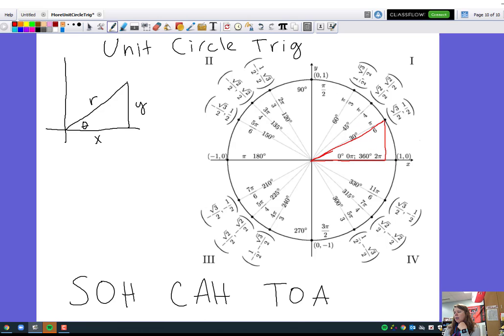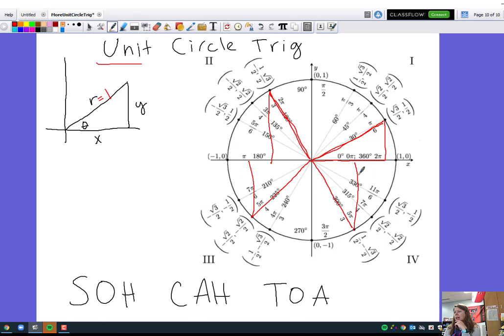No matter where I draw my triangle, the hypotenuse is really the radius, and that's why I've labeled this as R. It doesn't matter which triangle I choose, it's always going to be my radius. That means this is really 1 when we're on the unit circle, because it's 1 unit. That's why we call it the unit circle, 1 unit.